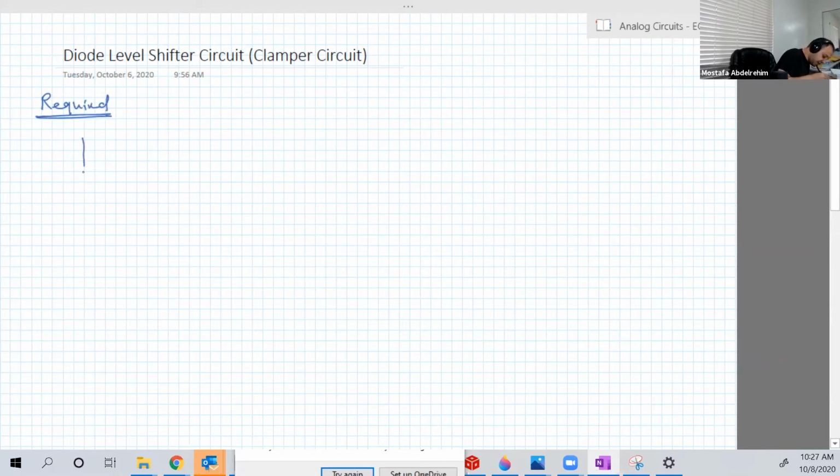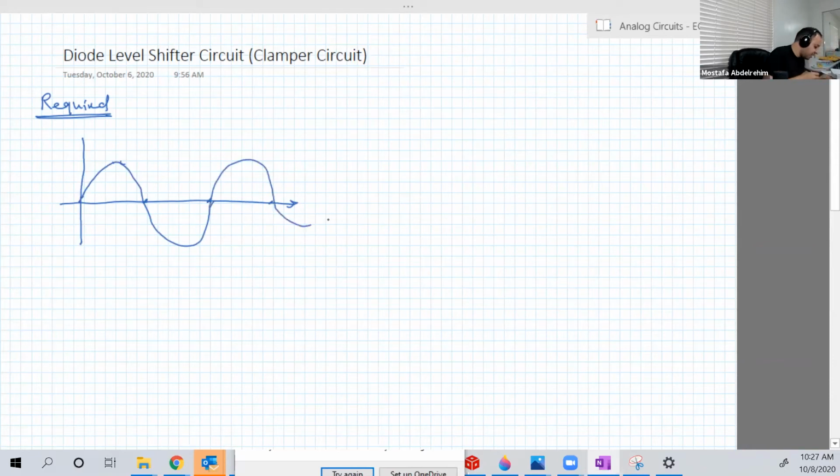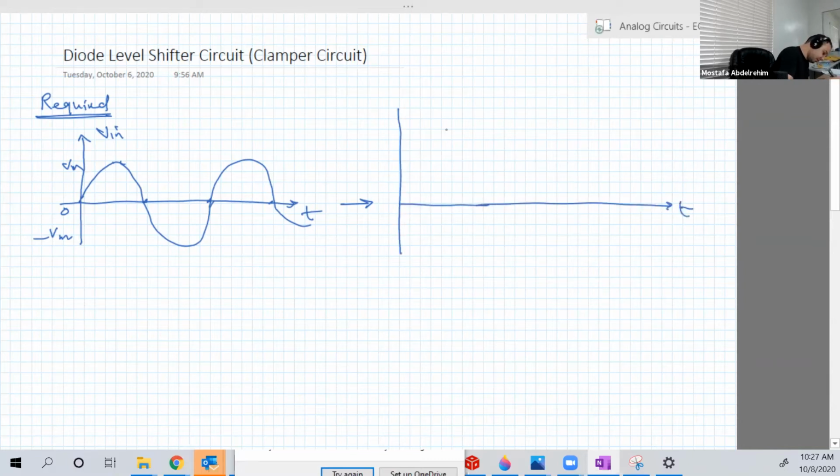If you have an AC like this, just a sine wave, a very bad sine wave like this one, let's call it Vin. This is T, and this is 0, Vmax, minus Vmax. You want it to be like this, with the same T.